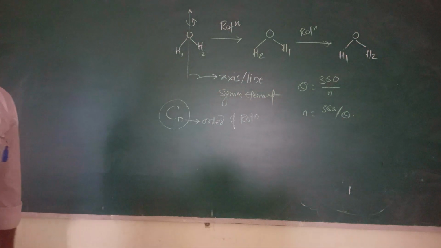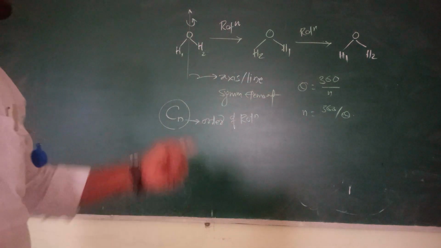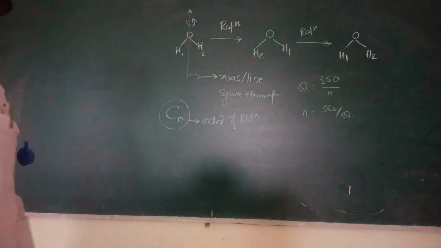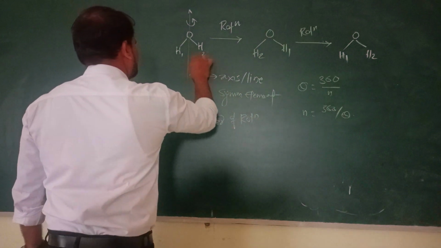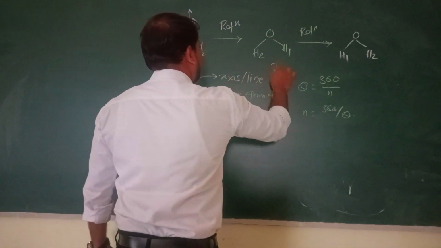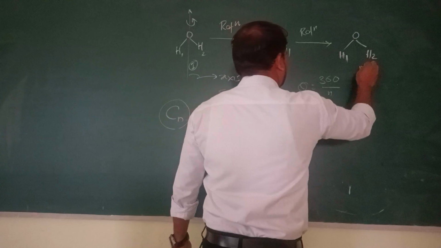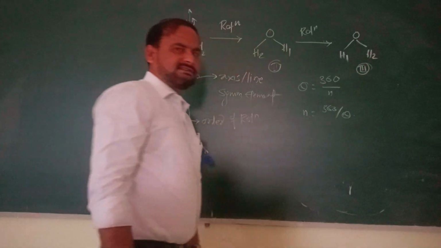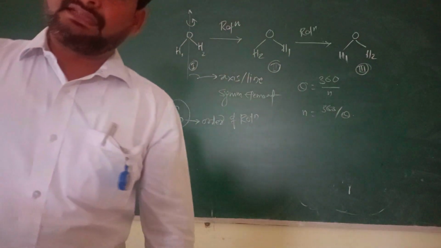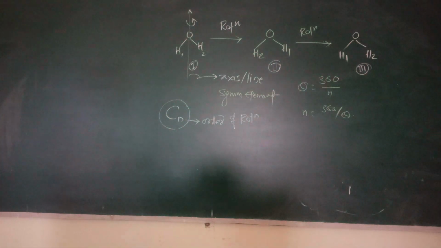Two rotations were done on this molecule to get the original one. This is the first, this is the second, and this is the third. First and second are equivalent, second and third are also equivalent, but the first and third are identical.